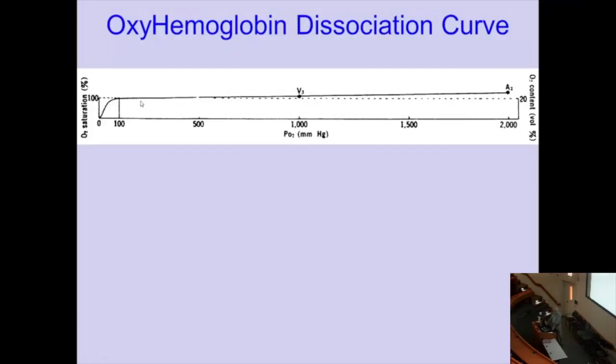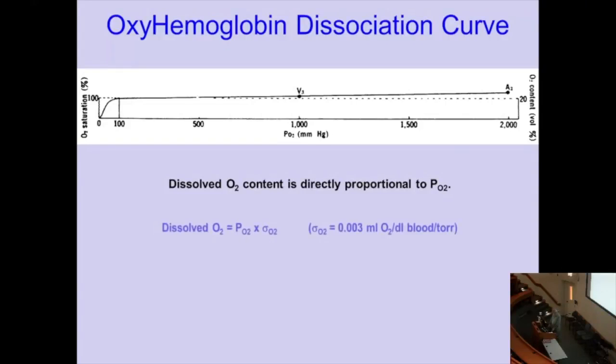What you can do is add oxygen in physical solution. Dissolved oxygen is directly proportional to the PO2. The solubility of oxygen is not very great, so that limits the amount of oxygen you can physically dissolve in the blood.